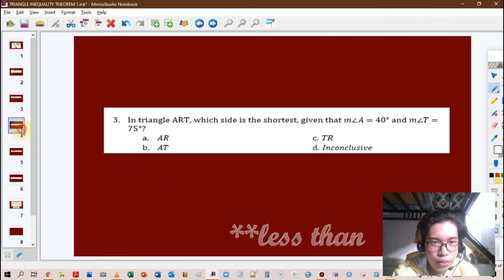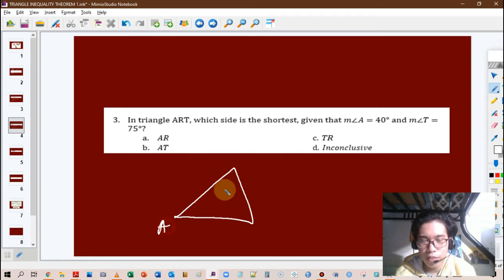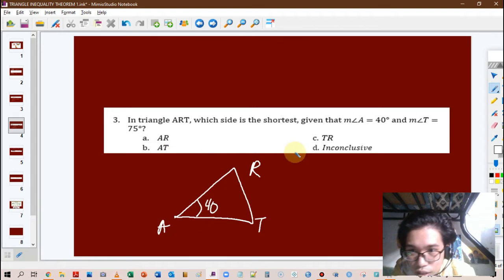And then for the next problem, in triangle ART, which side is the shortest given that the measurement of angle A is equal to 40 degrees and the measurement of angle T is equal to 75 degrees? If we're going to draw triangle ART, which side is the shortest if angle A is 40 degrees and angle T is 75 degrees?